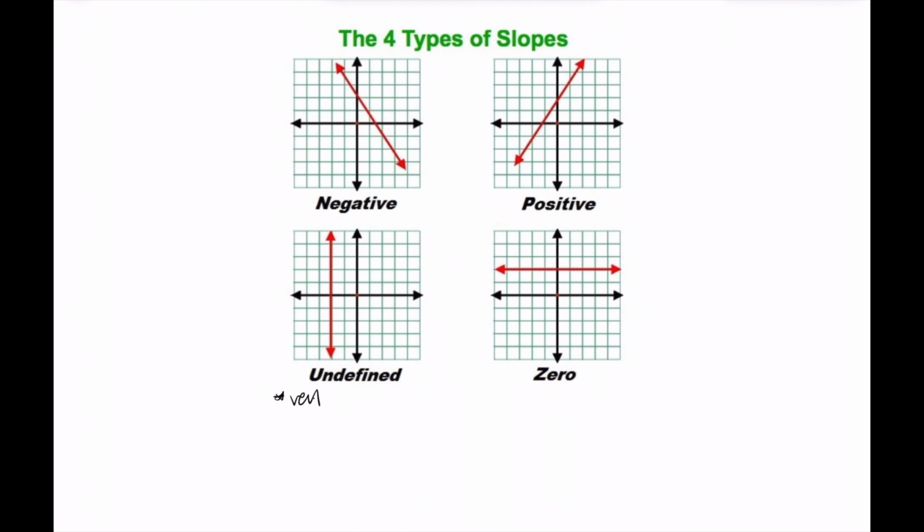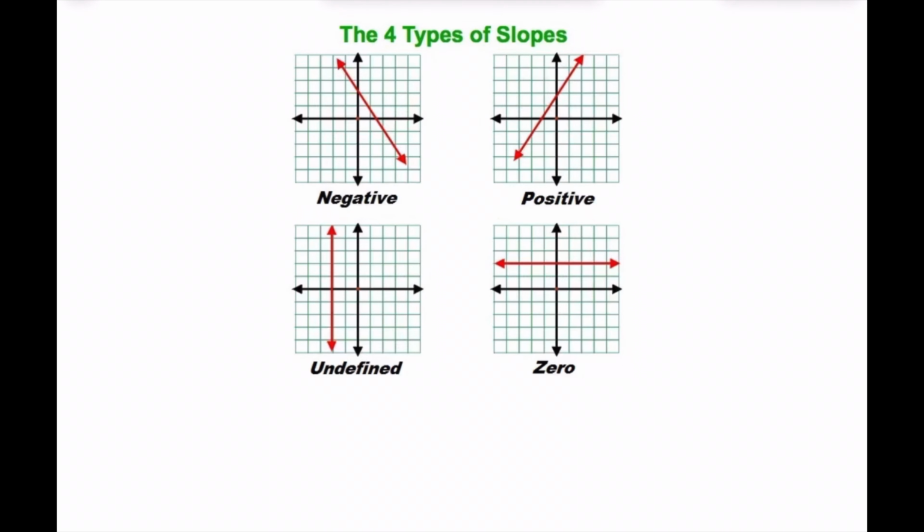If we look at the positive slope next, as our x values increase, so as we move from left to right, our line also increases. Now undefined slope is just a vertical line, and zero slope is just a horizontal line.